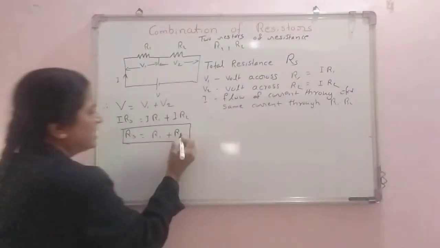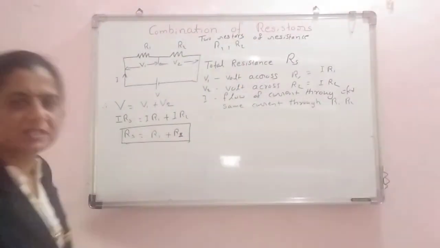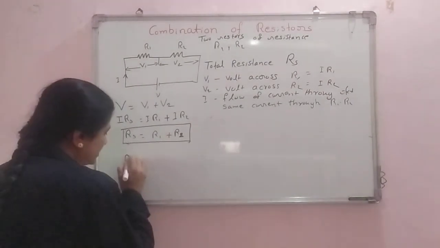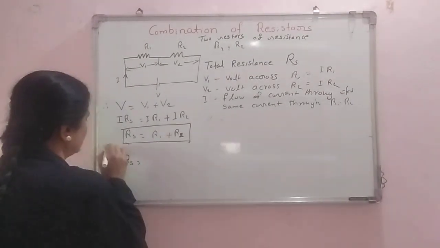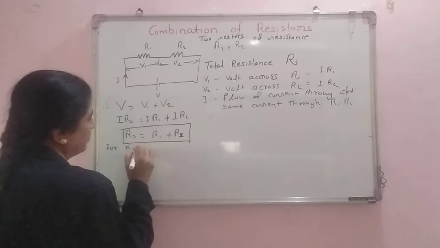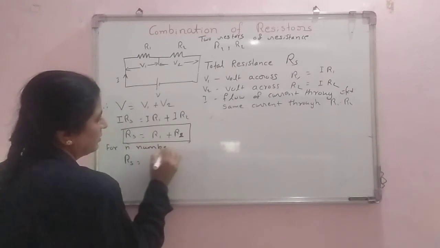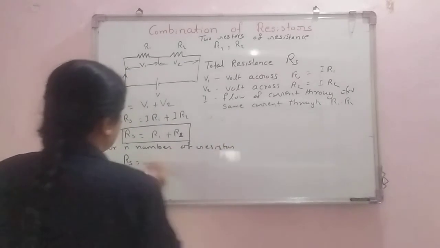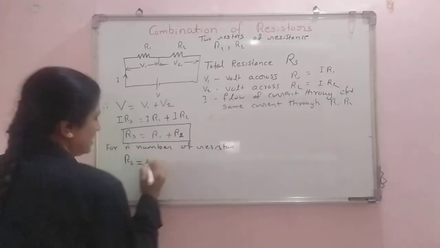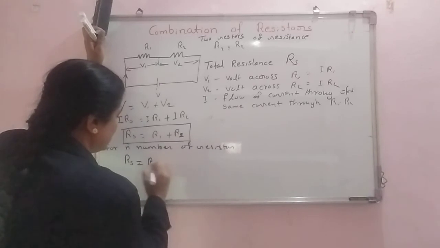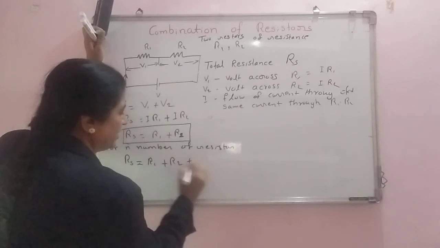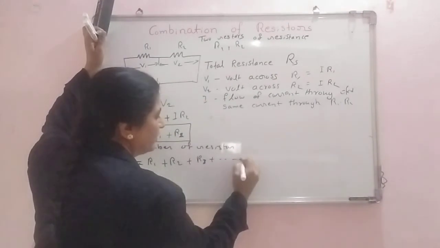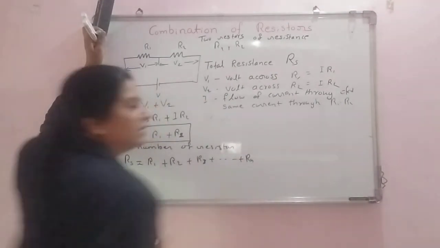In this way, if n number of resistors are connected in series, the total resistance Rs is equal to R1 plus R2 plus R3 up to Rn.